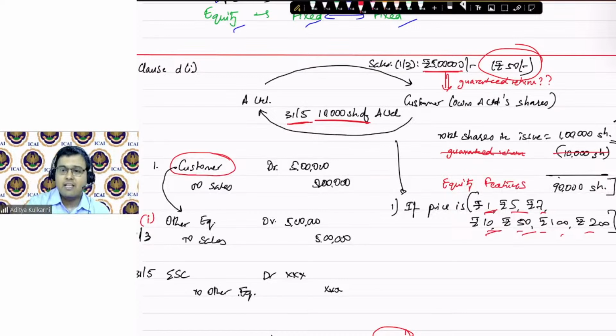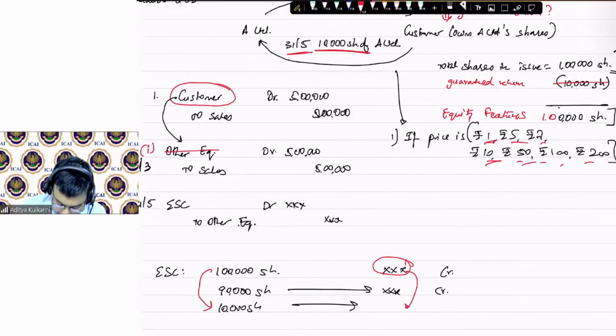And if there is no guaranteed return, the number of shares with equity features continues to remain at 1 lakh. Then I cannot treat it as other equity, because all 1 lakh shares are exhibiting equity features. So therefore, nothing will be cancelled out.